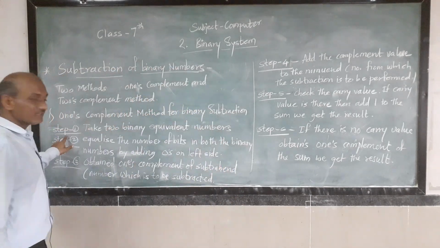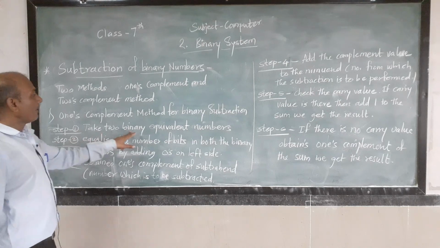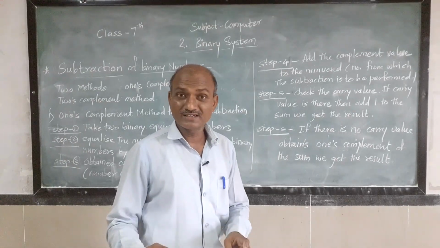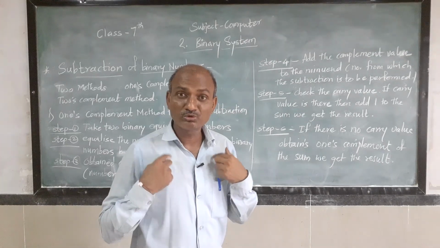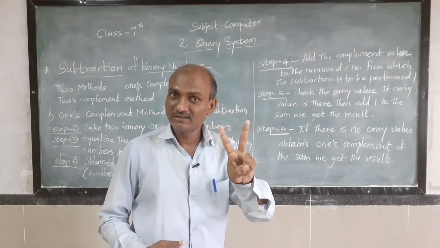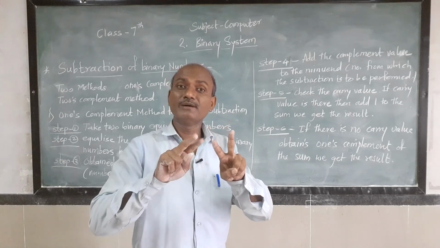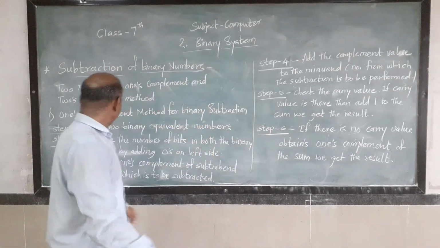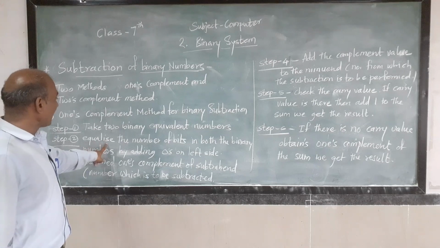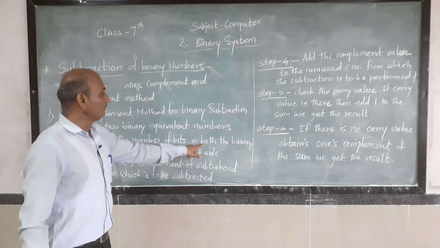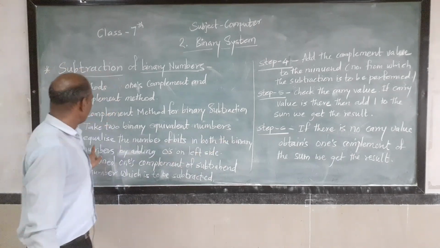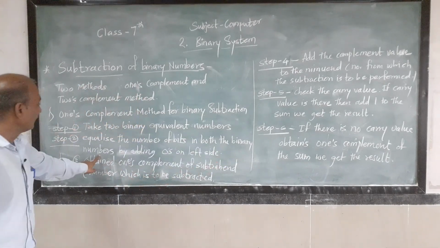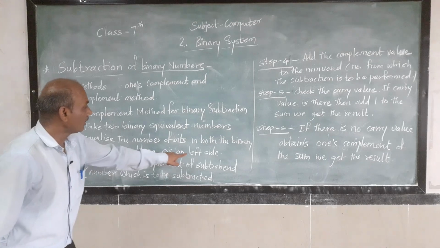See, step one: take 2 binary equivalent numbers. We have to do the subtraction, and for that purpose we have to take 2 binary numbers. Step two: equalize the number of bits in both the binary numbers by adding zeros on the left side.